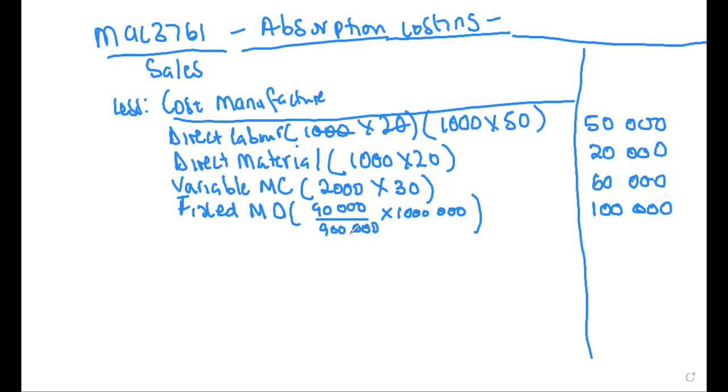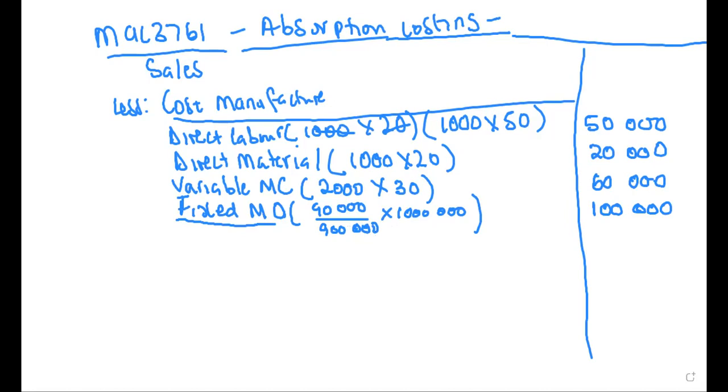Do you see what happened? Yes. This is important in your MAC to be able to calculate this. Understand how to calculate the fixed overheads, because we are going to absorb them. This figure is not going to be a straight figure. We need to calculate. So you need to know how we absorb fixed manufacturing overheads into the cost of the product.